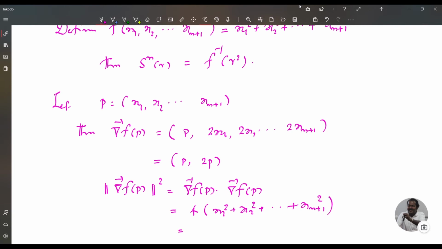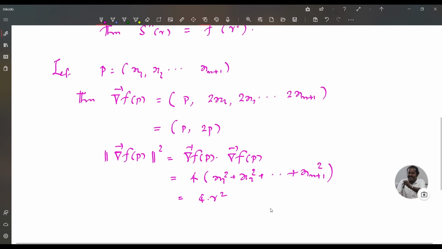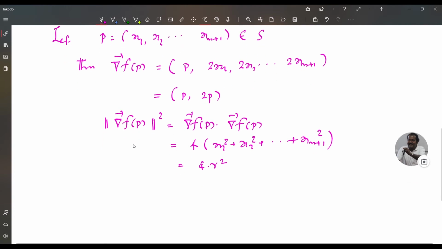This is 4 into r square, because x1 square plus etc. plus xn+1 square is equal to r square for P in S. Therefore, the norm of del f of P is equal to 2r.